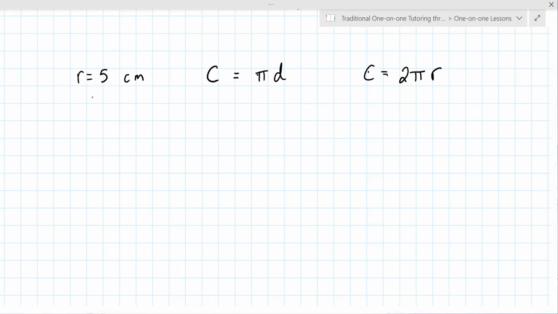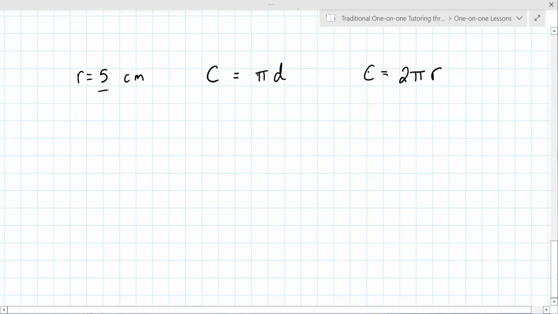All right, now, are you given the radius or are you given the diameter? Radius. Okay, so what is the diameter? Yes, give me the diameter. For 5 right there, that's going to give you 10. 10 what? 10 centimeters. Good.